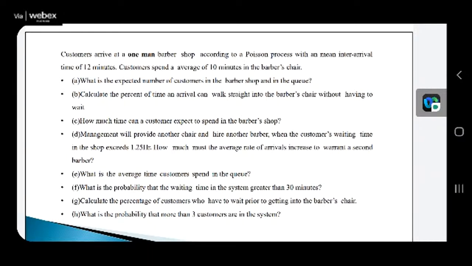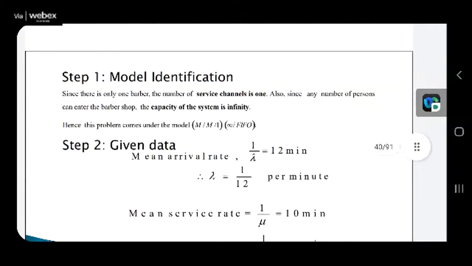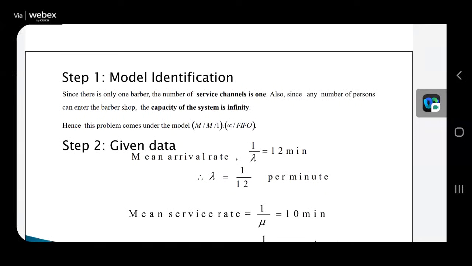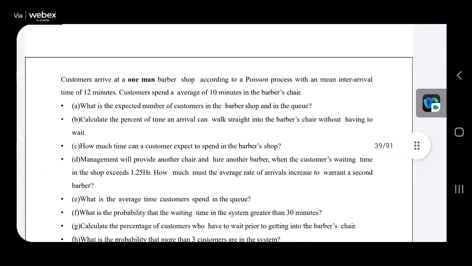Okay, so they have given different conditions for which you need to get the answer through this M/M/1 model. Let me begin with the next one. The first and most important, the problem that comes here is M/M/1 infinite FIFO. Now, yesterday I hope you have gone through the PDF of 37 pages.